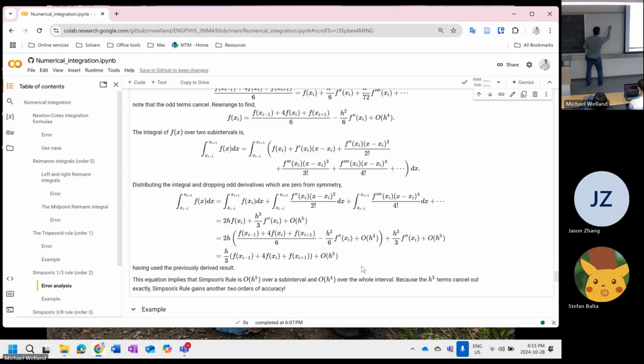The fact that this integral is just the sum of these different points times h over 3 is actually pretty impressive. Normally we think about these things as being complicated integrals and stuff. Like the finite difference, the numerical one actually works out pretty cleanly. Who sees the problem?